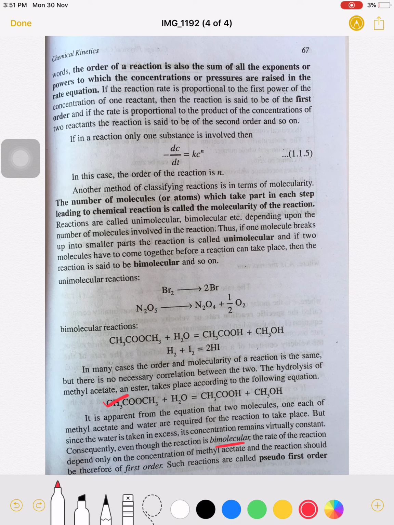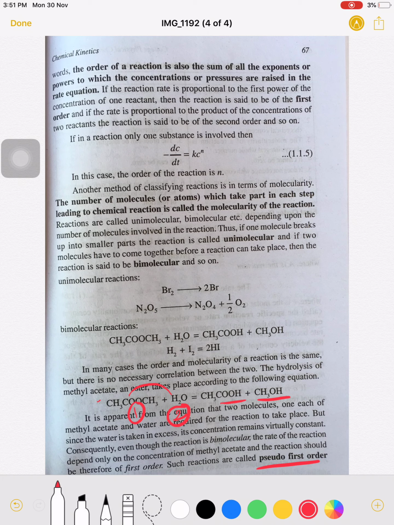So what exactly does it mean, and why is it called pseudo first order? Pseudo means fictitious. Two molecules are involved and we are getting a product, that is acid and alcohol. So hydrolysis of ester takes place in the presence of water molecules and we get acid and alcohol. In this case, two molecules are there, therefore it is bimolecular.